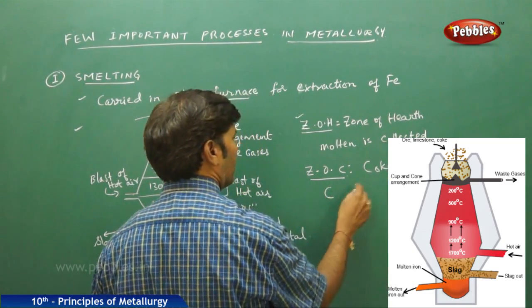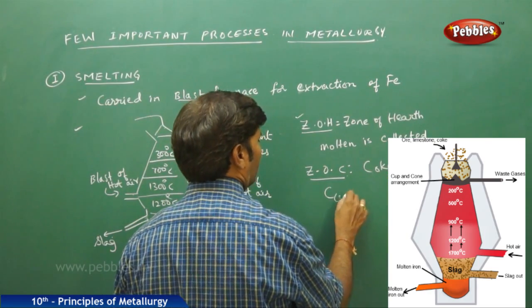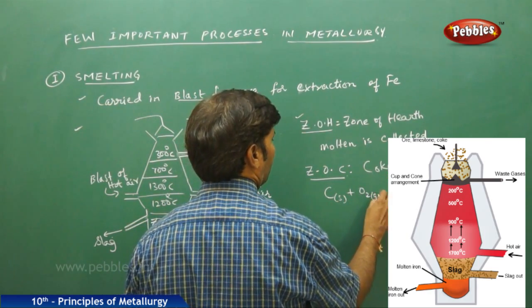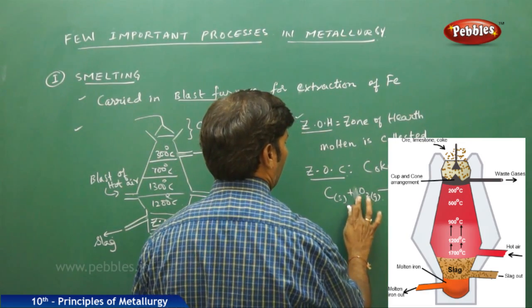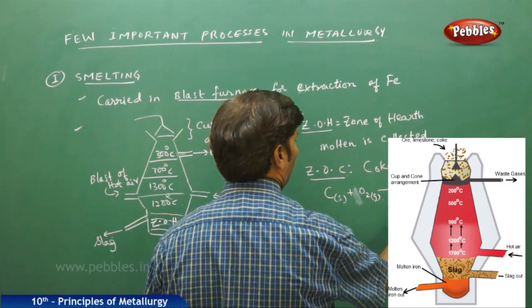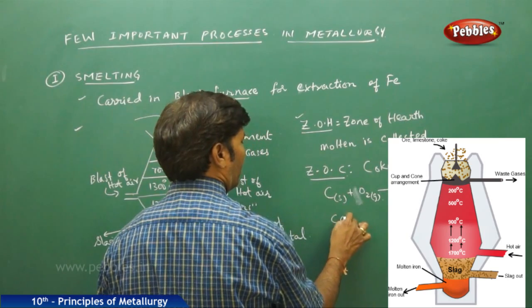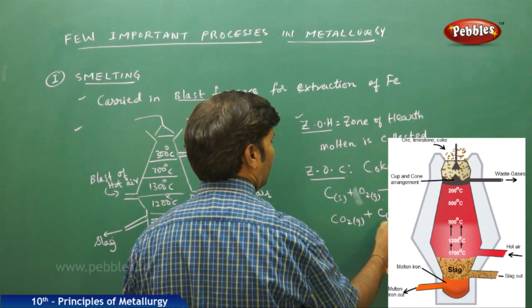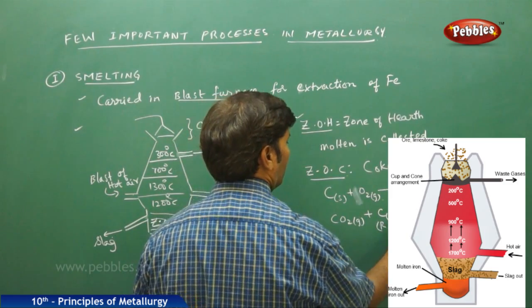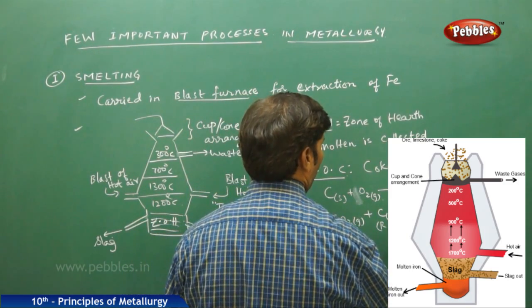So this coke is nothing but carbon solid plus oxygen gas. One mole of oxygen gas gives rise to carbon dioxide gas. This carbon dioxide gas in turn again reacts with carbon solid, which acts as a reducing agent, to form carbon monoxide gas.